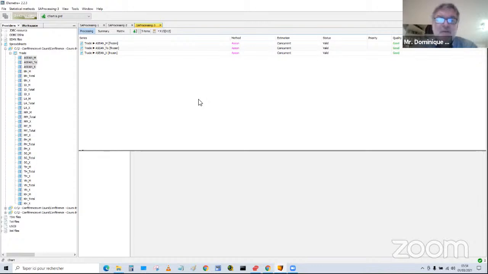So you have the possibility to create your own specification and to use it. Imagine that you could create a specification for the trade statistics for each country, for the ASEAN aggregate.